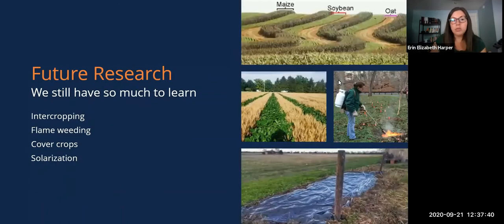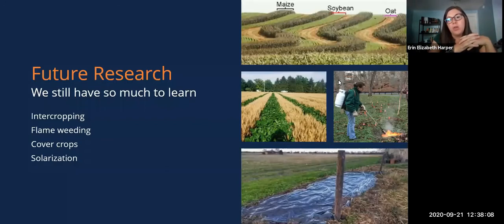And then some future research. How does intercropping work? We now know, from just growing things and from traditional ecological knowledge that has been passed down, that some plants grow better with other plants, or that some plants don't like to grow near anything, or they only will grow with one other plant.